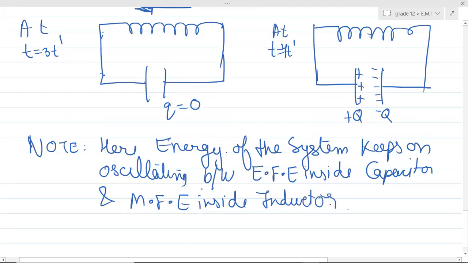So this type of oscillation of energy is basically called LC oscillation. Is this clear, guys?